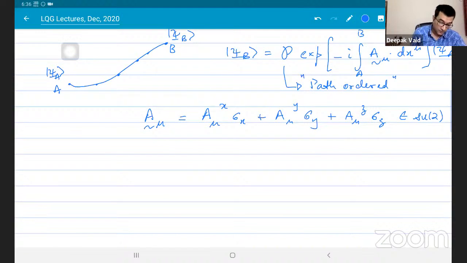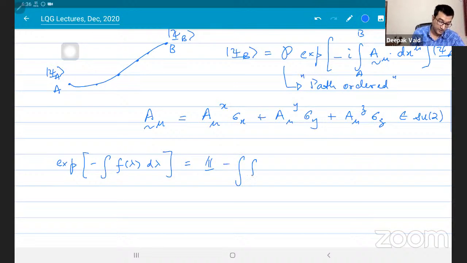If you have an integral of this form in general, the exponential of some function f of lambda, d lambda, along some path, it doesn't matter what the path is, and you expand this, what you get is the identity, then the next term will be just this integral from A to B, right?